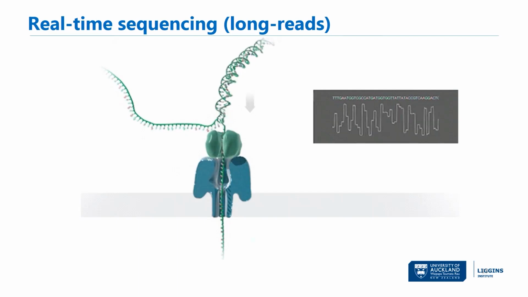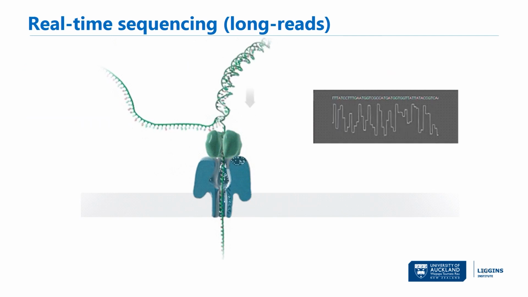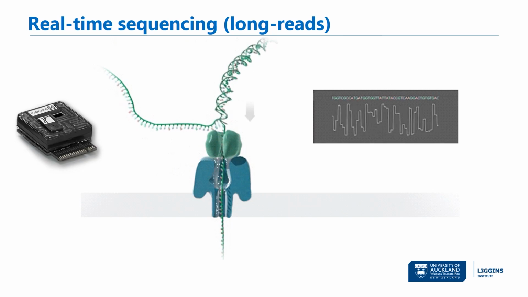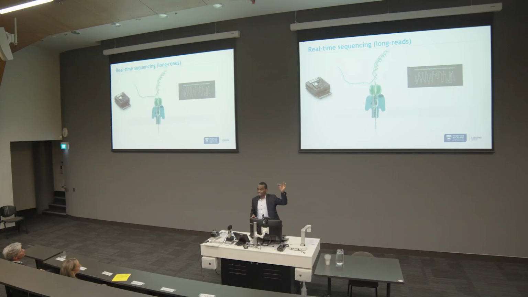Looking at how this DNA will be sequenced, this is real-time sequencing. As I mentioned, those P2 Solos have a certain kit. As you can see, it's very tiny. This kit contains pores within it. When you extract the DNA from the blood of the critically ill children, it's loaded into this kit.